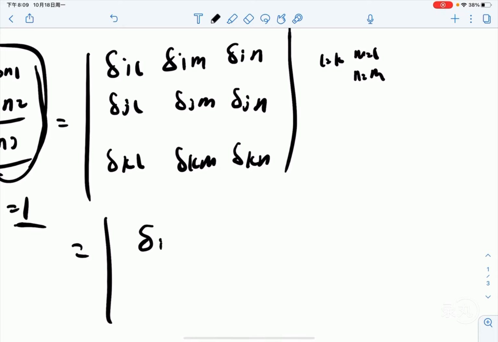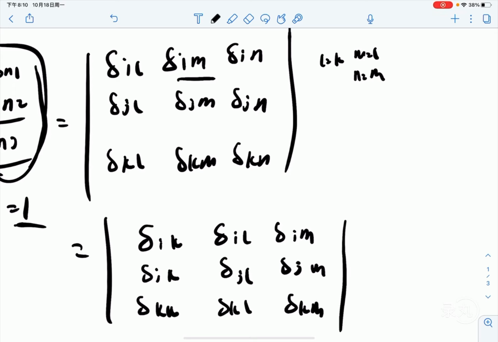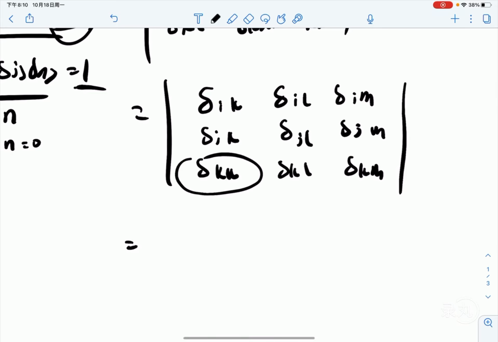So IK, JK, KK, and this is IM, IL, IM, GL, KL, JM, KM, and this term is equal to 1.